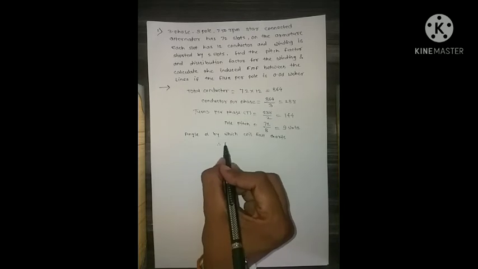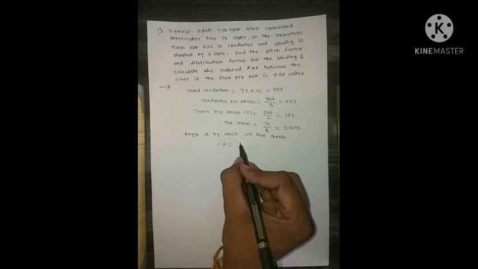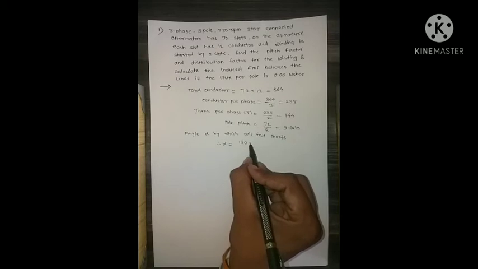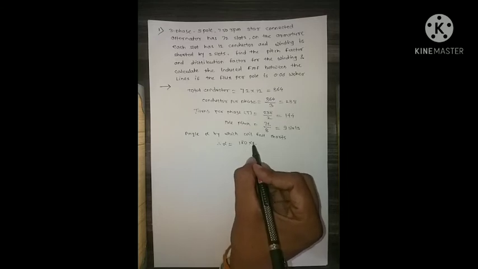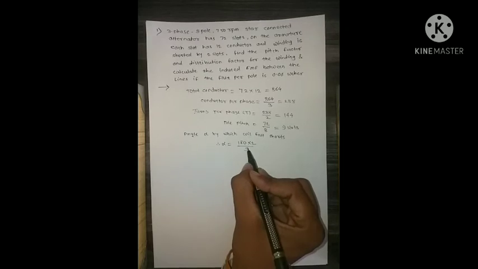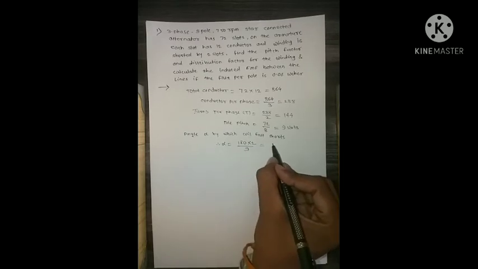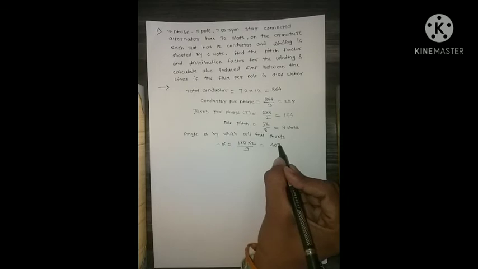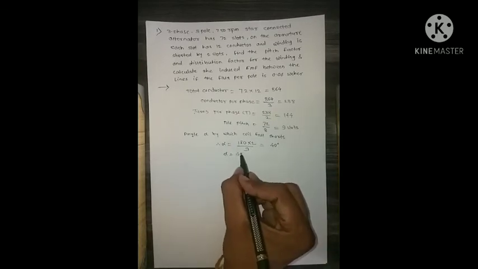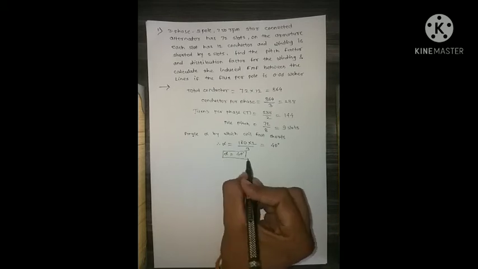Therefore, angle alpha equals 180 into 2 divided by the number of pole pitches, 9, and we will get 40 degrees. That means the value of alpha is equal to 40 degrees.